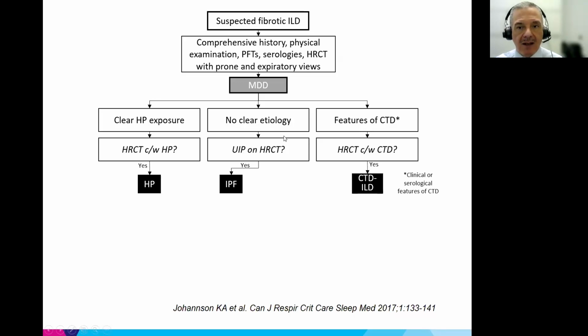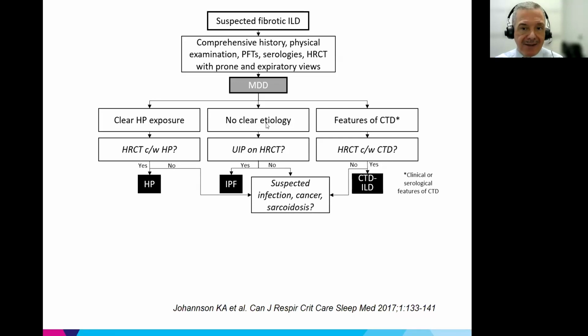etiological relationship. One thing that is missing from here is occupational exposures, of course. But if the chest CT imaging shows a UIP pattern, it is reasonable to diagnose idiopathic pulmonary fibrosis if it is classic of that. If there is an exposure to an occupational agent, again, you would arrive at that diagnosis without necessarily obtaining tissue.